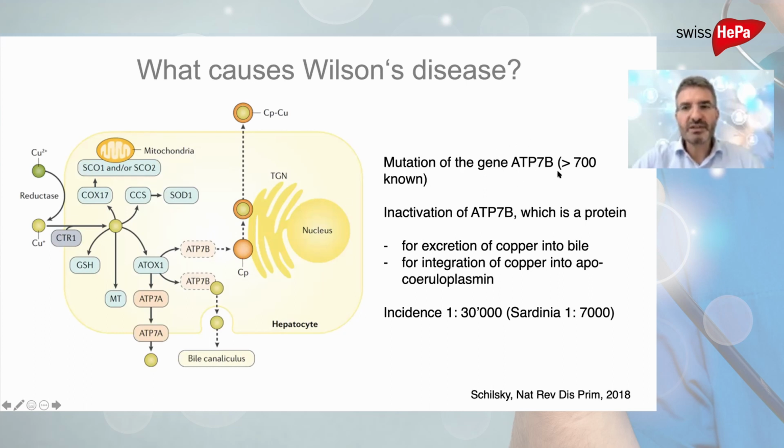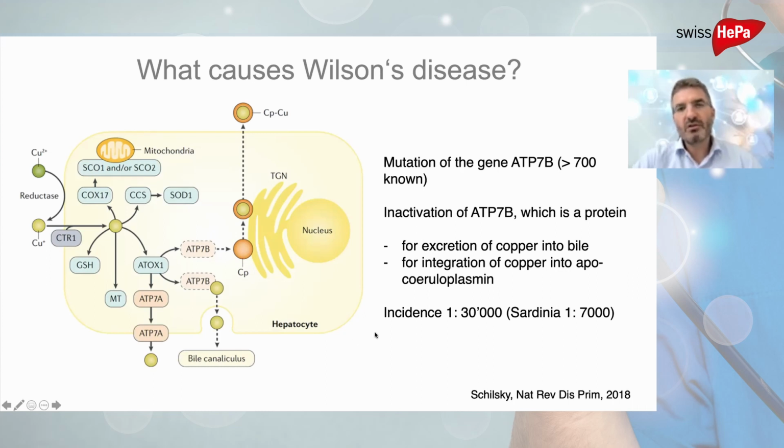You see that there are many other proteins and factors involved in the regulation of copper, but today the focus is on ATP7B, and we know that there is not only one single mutation, but more than 700 mutations that are known to be related to Wilson's disease. When one of these mutations occurs, there is an accumulation of copper in locations that are not ready to take up such quantities of copper.